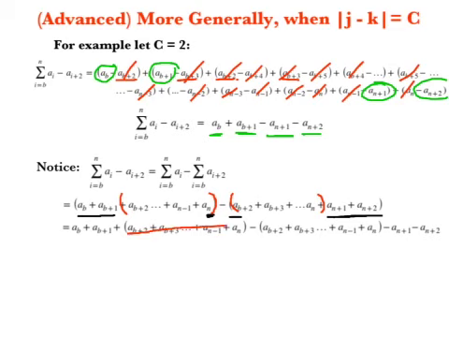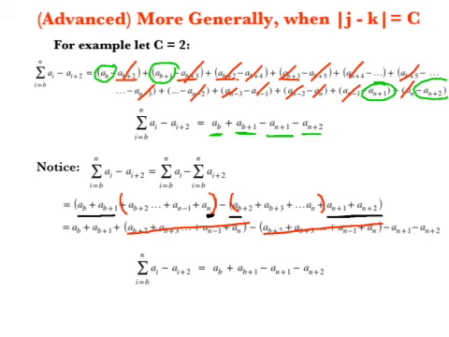So these two portions will completely go away, and what we're left with is just what we derived the long way before. And so I think this is really a good way to understand why telescoping sums work.